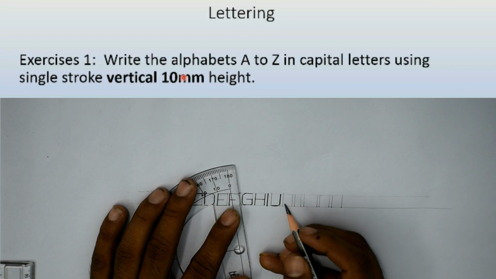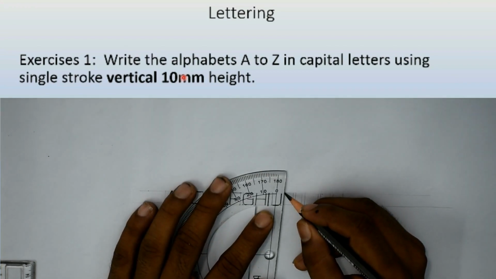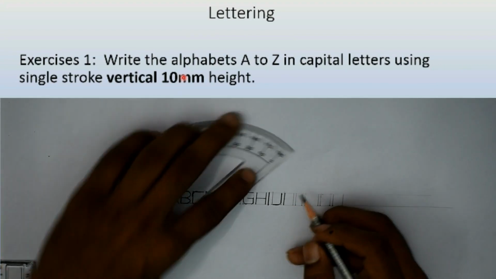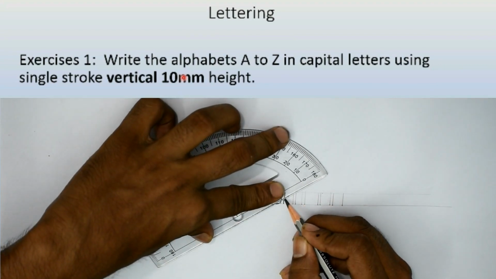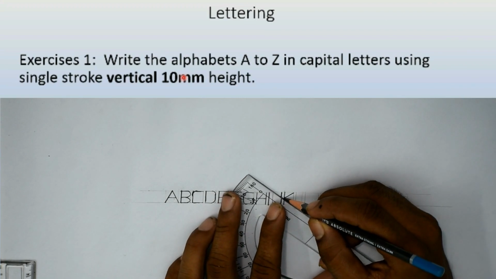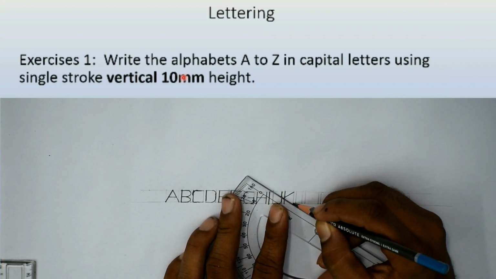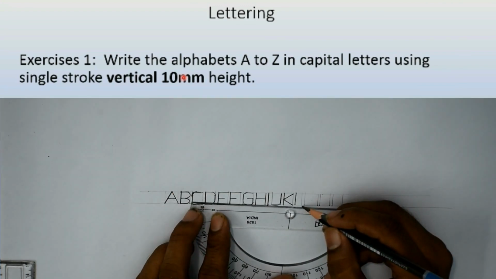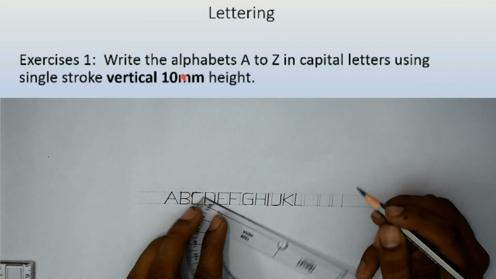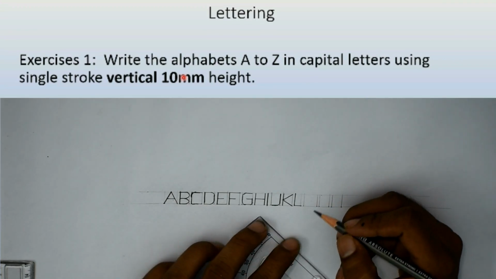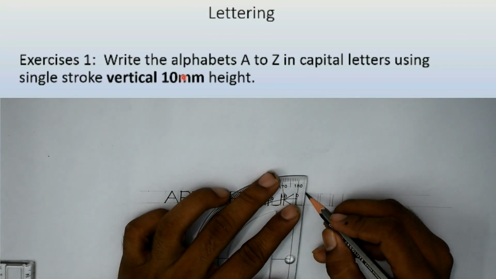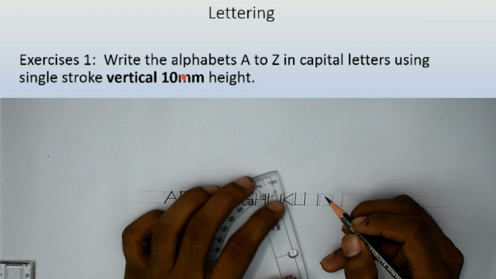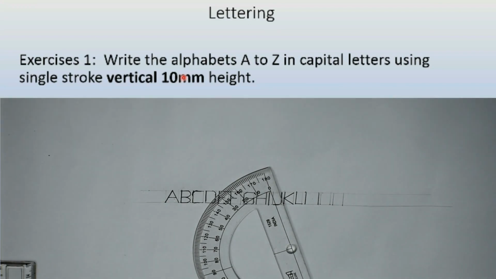This is the letter J. The letter K. This is the letter L, which is an exceptional case. The width is not 7 mm. And the letter M also is an exception case.